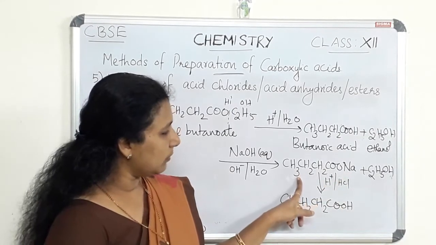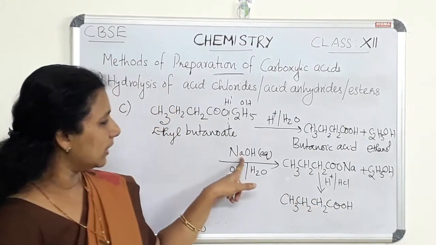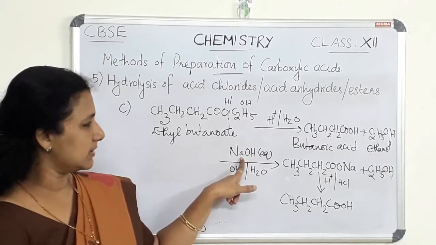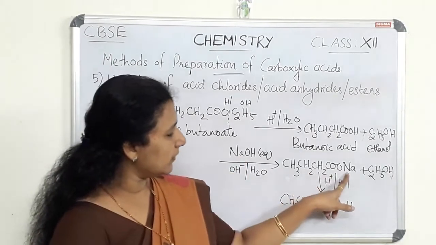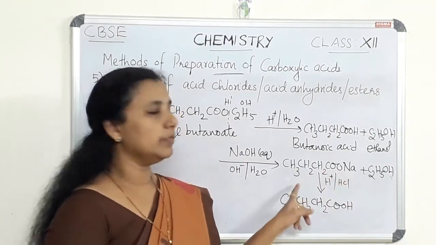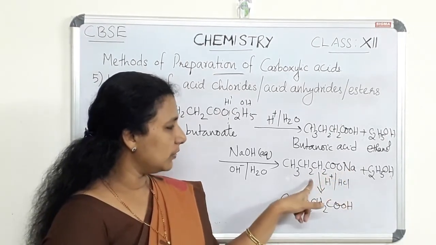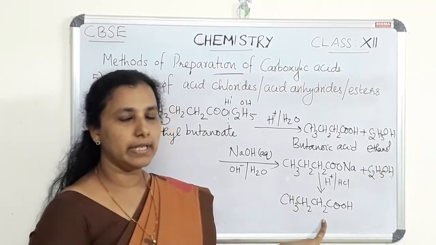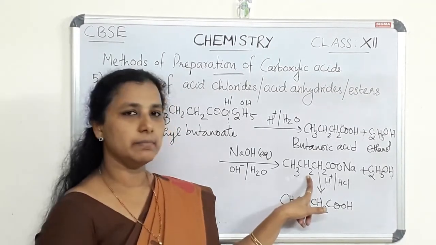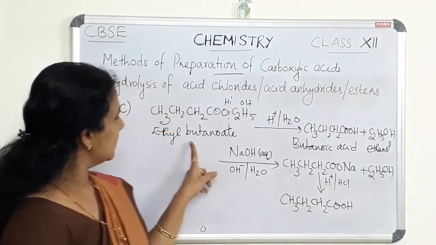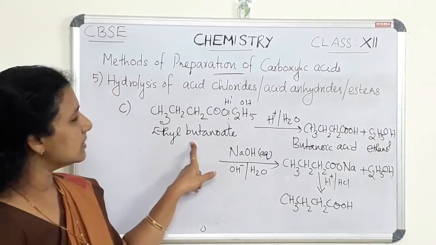Sodium salt of carboxylic acid is formed if we are using a base for hydrolysis. So first we get the sodium salt of carboxylic acid, and then we convert it into the corresponding acid by treating it with a mineral acid. So this is the hydrolysis of esters.